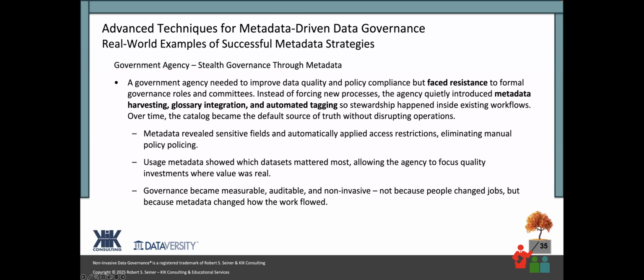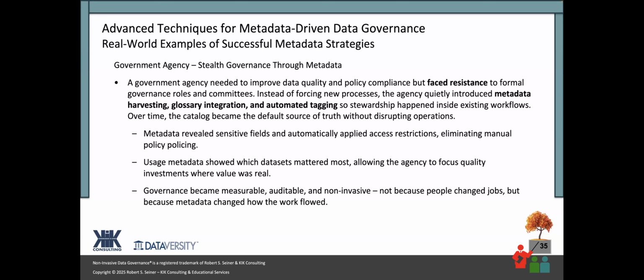And the last example I want to share before I turn back to Shannon for Q&A is a government example. And if you're connected to me on LinkedIn, and I hope you will be, I write a lot about different subjects in data governance. And one of those subjects I refer to as stealth governance. If you're familiar with the concept of being stealth, flying under the radar, not needing to be rewarded for every victory.